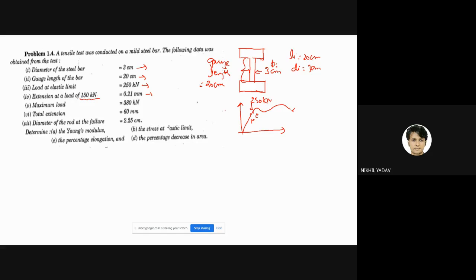Now mind it that it is saying the load at 150. It means this load might be lower than the load at the elastic limit, lying somewhere at this point.